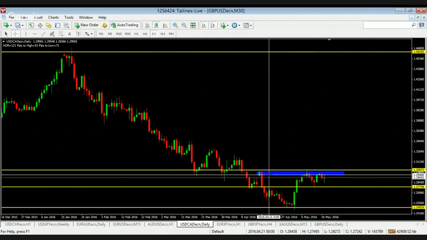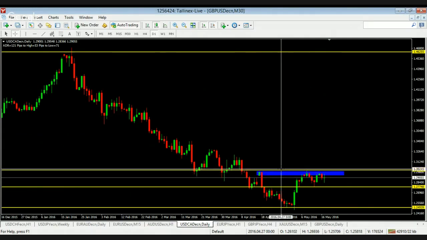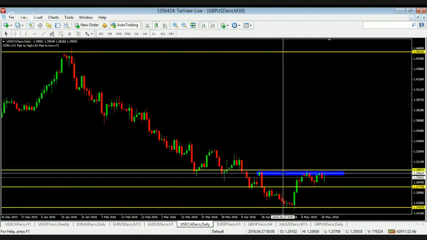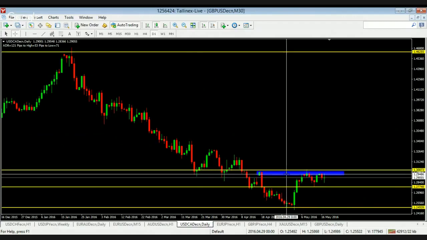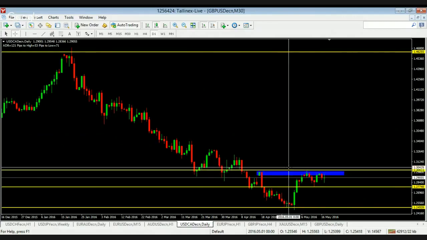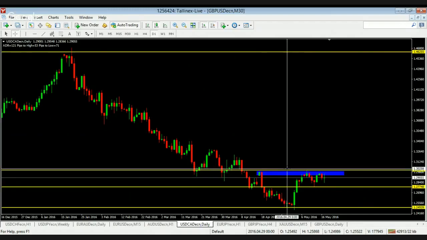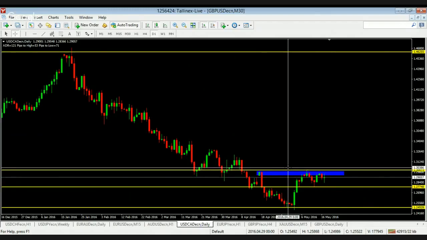So keep that in mind, especially when you're messing with higher time frames. You normally want to place your stop loss outside of the zone. So in this scenario, if I'm placing a sell for UCAD, my stop loss is going to be around 1.30, like 300 range.